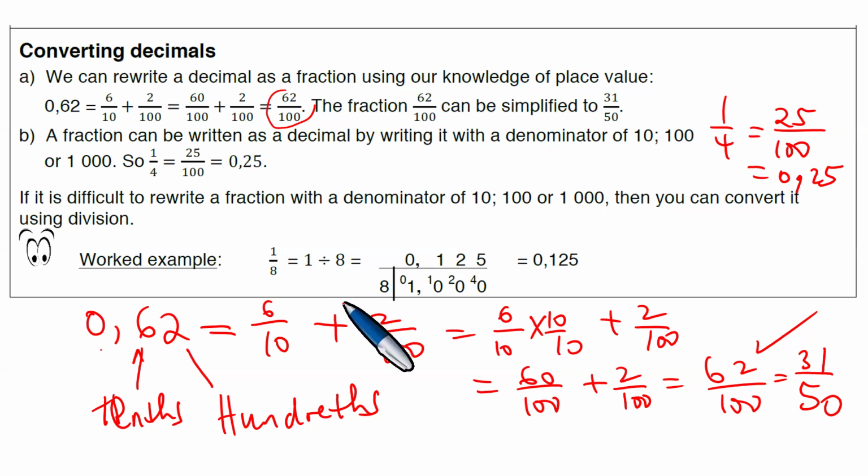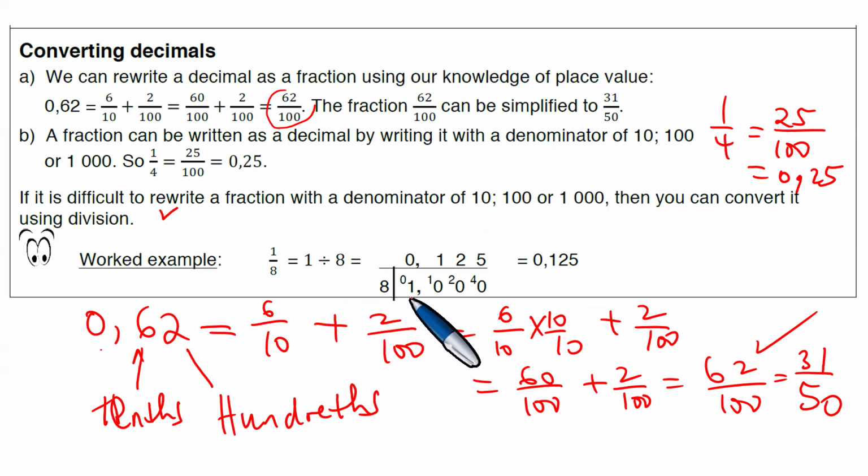As you said, if it is difficult to rewrite a fraction with a denominator of 10, 100, or 1000, then you can convert it using division.